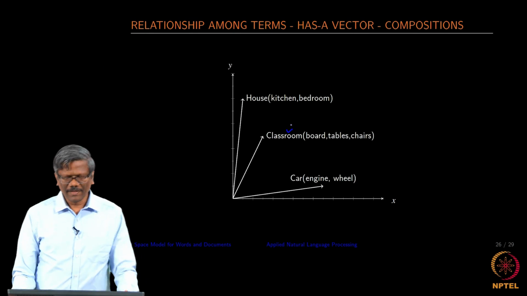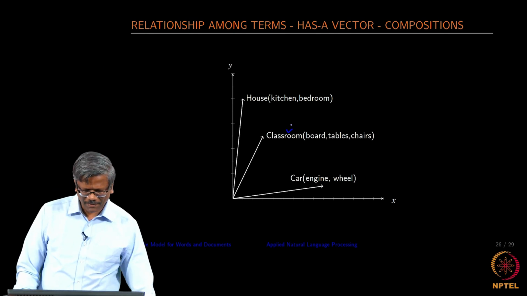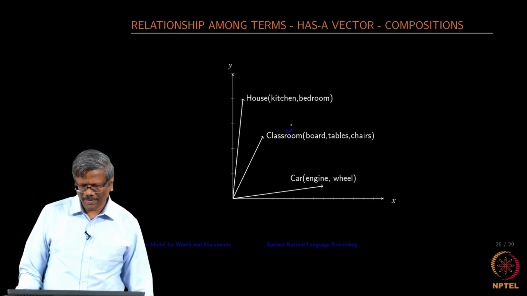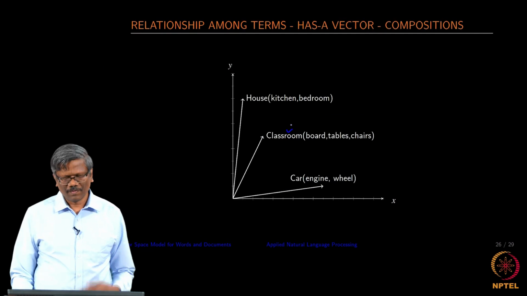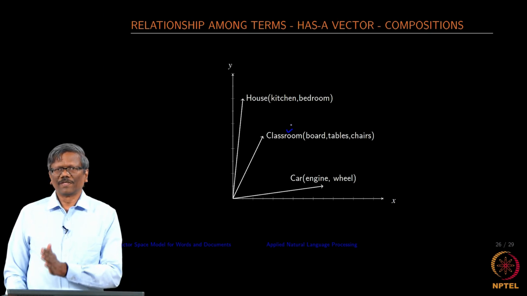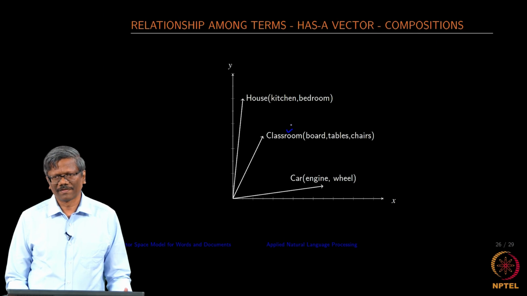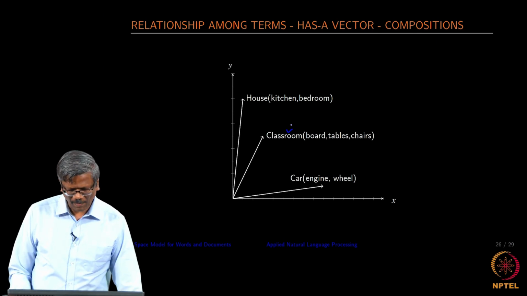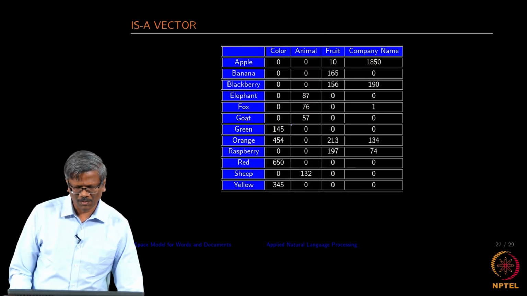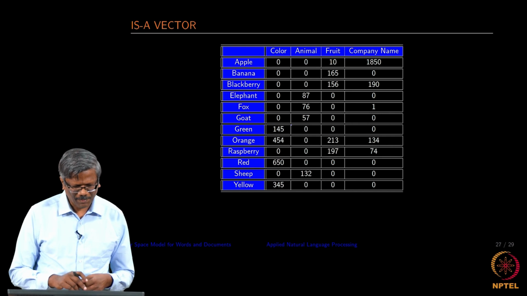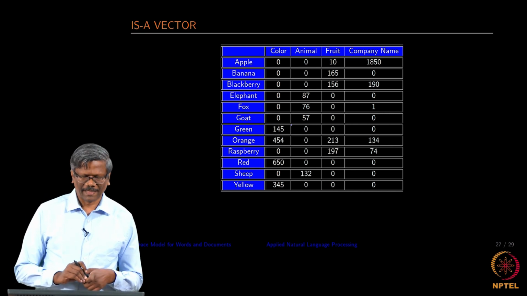Okay. So, each one of those, if you look at the synonyms or is-a vector or the composition space, each one of them would be useful in doing certain operations in the information retrieval process. I will just show one example of how this could be used. Let us take one example from the is-a vector matrix.